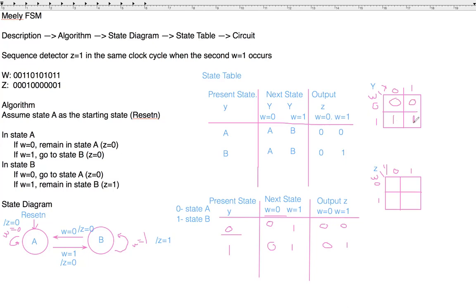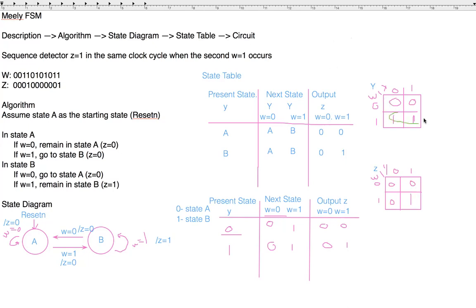And then for my Z, I had 0, 0, so that's 0 here and right over here. When I had 0, 1, I had 0, and I had 1, 0, 0, and 1, 1. I had 1.